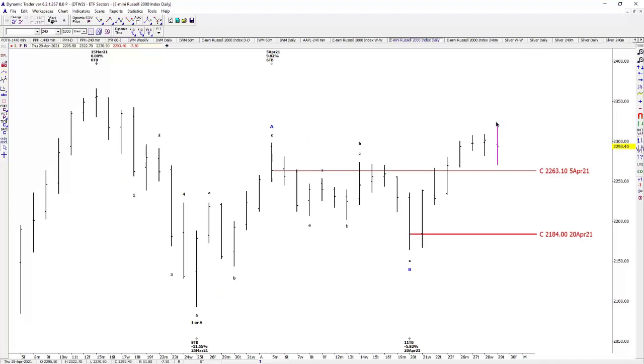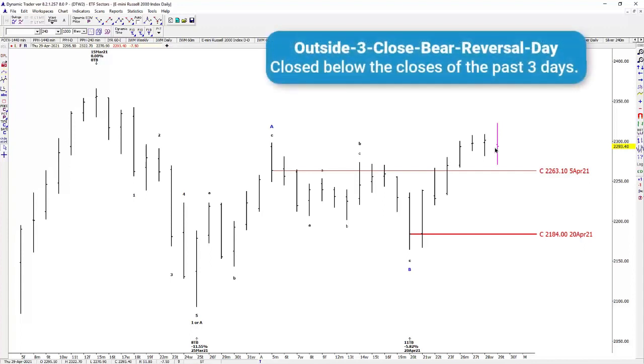In fact, this is what we call an outside bear reversal day, and it's a 3-close reversal. That means it closed below the closes of the past 3 days.